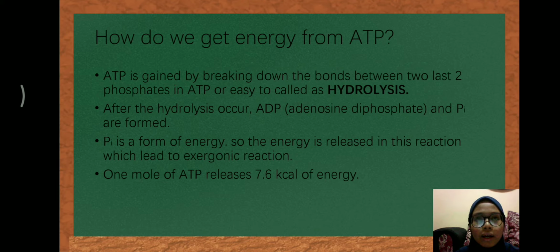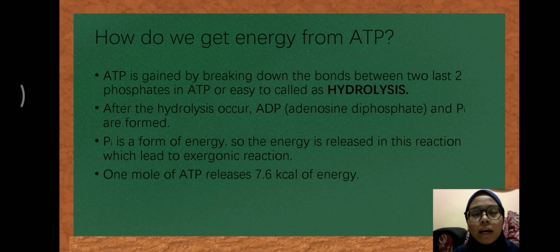Remember that I just mentioned that the last two phosphates in the structure of ATP have unstable phosphate bonds, so they will break down by hydrolysis. I will explain it later in the ATP cycle.